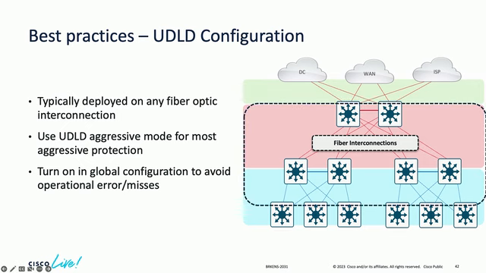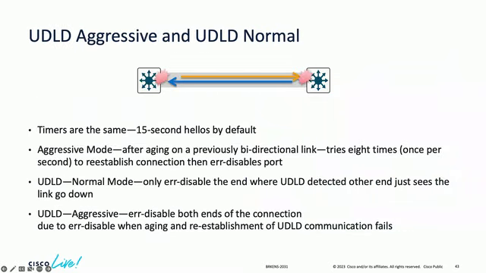UDLD is not really a very fast protocol. It works by default on 15 second timers, and we have 2 basic modes to choose from, either the aggressive one or the normal one. The difference is related to the way we react on detecting unidirectional communication conditions.